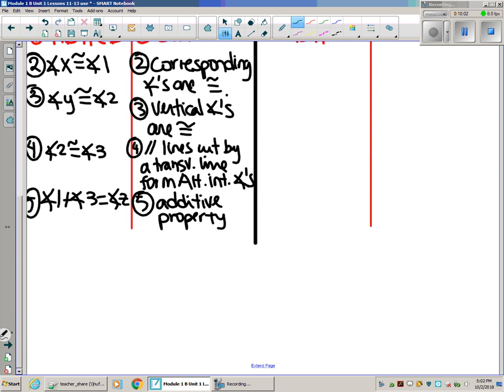And the last part should be step 6. It should be that angle x plus angle y is equal to angle z. And the reason behind that is that angle 1 up here is now called angle x, and so is angle 3 right here. It's called angle 2, but in this case, angle 2 is angle y, so now we can say that it's by substitution.